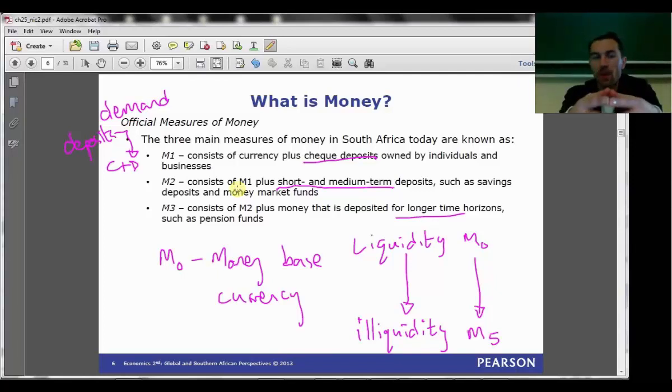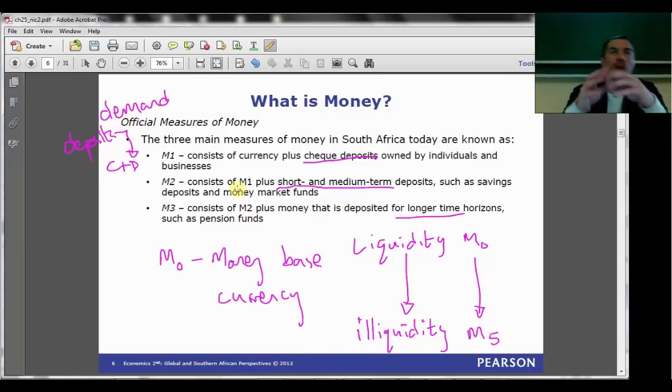So the most liquid types of money in these measures would be M0 and M1. M2 is not as liquid because you have to wait for some period of time before you can use that money to actually transact. Which means that it's money functioning more as a store of value than as a medium of exchange.